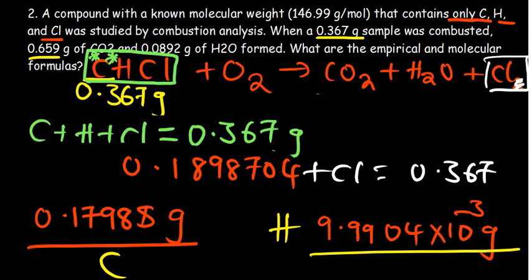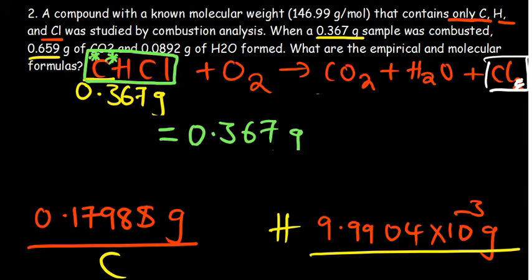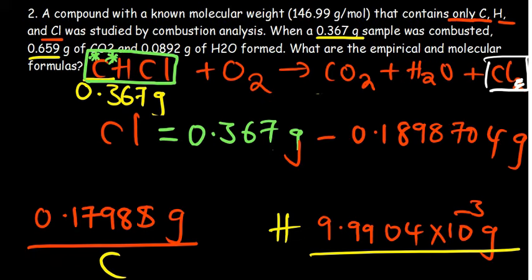If we take that value and subtract it from the total mass, our total compound mass minus the calculated summation of carbon and hydrogen, 0.367 subtracted by the summation of carbon and hydrogen, the missing mass of our chlorine is 0.17712, to 5 significant figures.